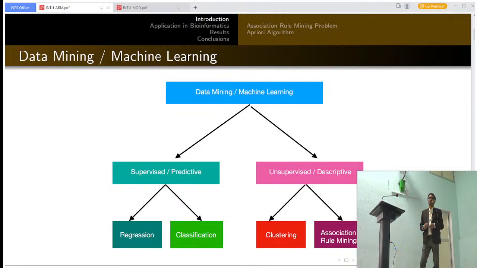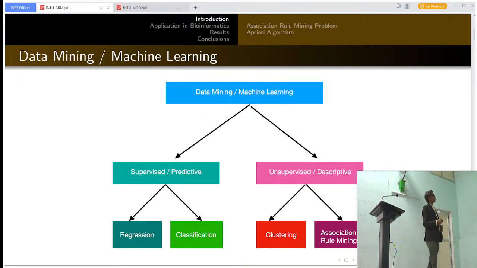So which columns or which attributes are associated and which are not, so that's why it is also called association analysis or association rule learning, because we are trying to extract some rules that will tell us how the different columns are associated with each other. We'll give examples, don't worry.